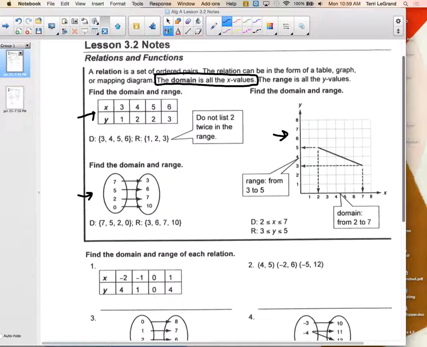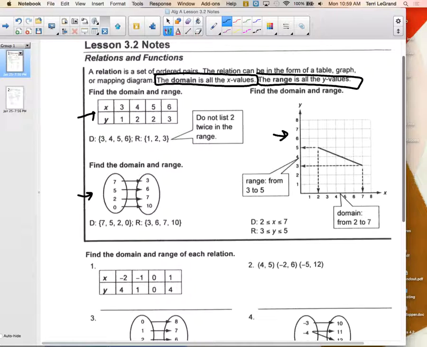So if we take the x's from those ordered pairs, from those points, they make up the domain. Then I want you to put another box around the range. The range is all the y values. So we're going to take the y values from the ordered pairs, that second number in the ordered pair, the y value of the point, and those are going to make up the range.